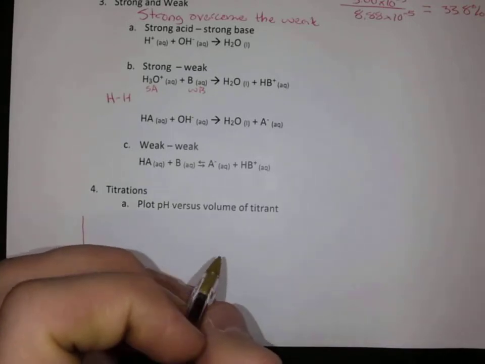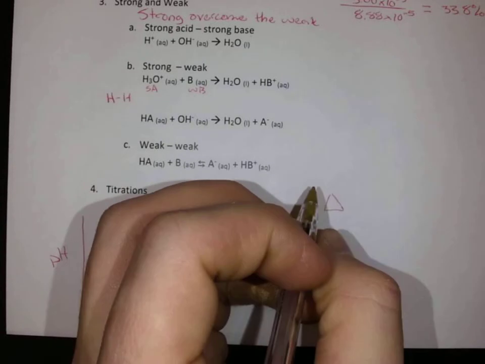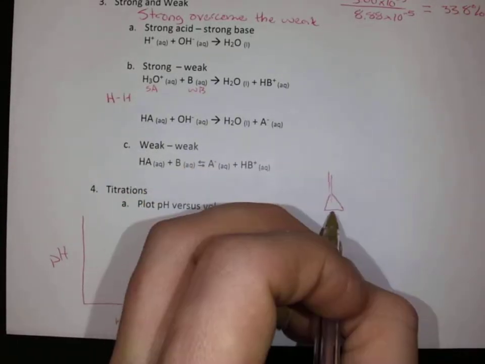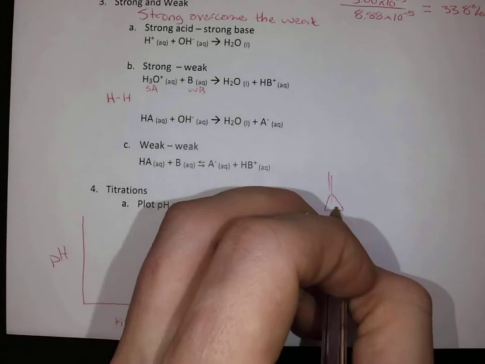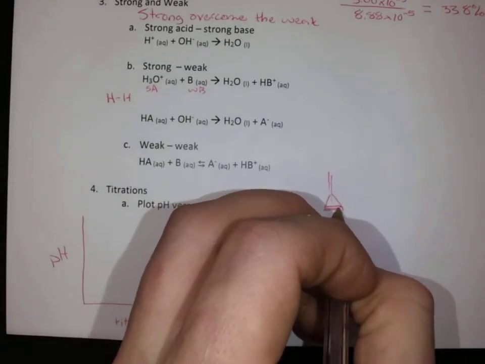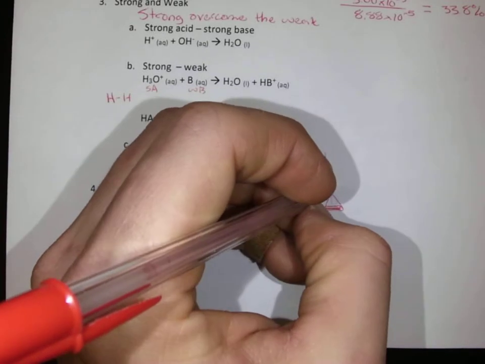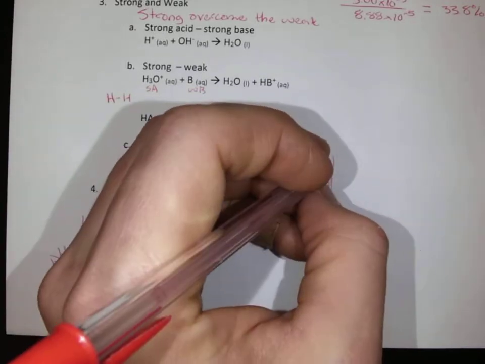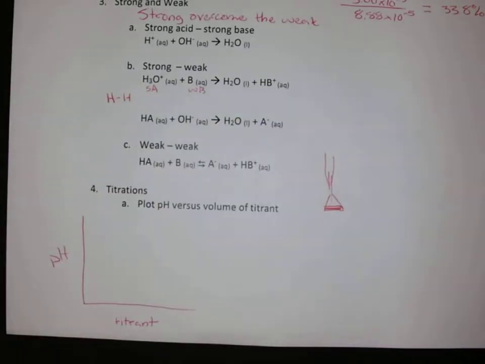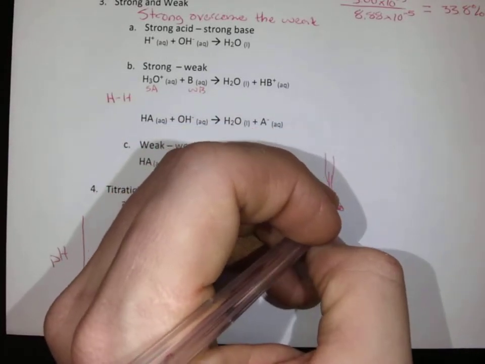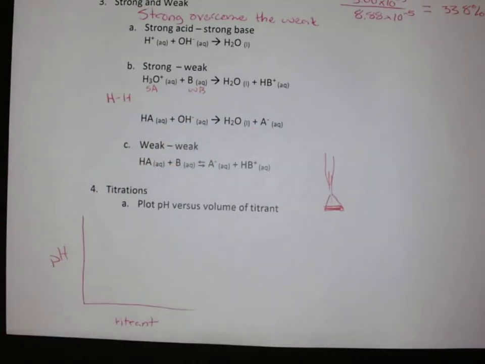So we would have some sort of container. We'll add into that container, and we'll measure the pH. So in that container, we've got something of an unknown concentration. And then up here in what's called a burette, we're going to have a known concentration, okay? So we're going to add that known concentration in, and we'll be able to measure the pH, and then we'll be able to see what happens to the pH, okay?